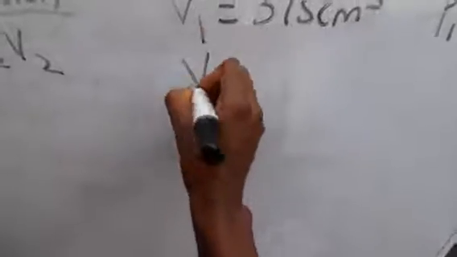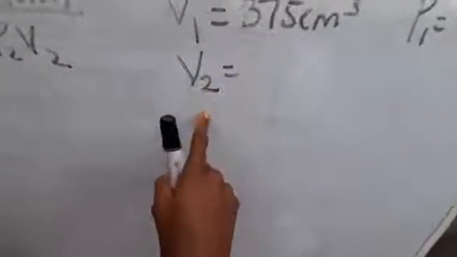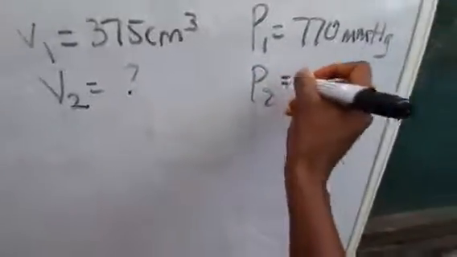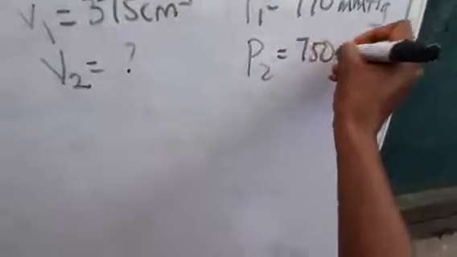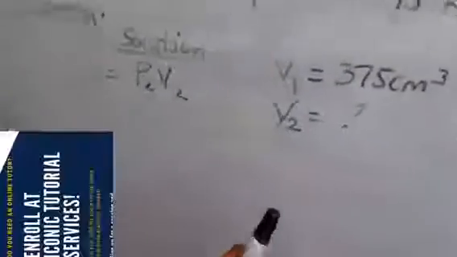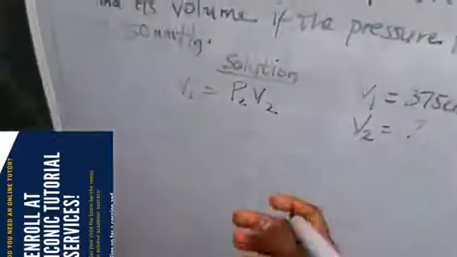While we are asked to find V2, we don't know V2, but we are given P2, which is 750 millimeter mercury. So establishing the variables in a question will help you know the type of equation you have to use. Since we have pressure and volume, we are using Boyle's law.